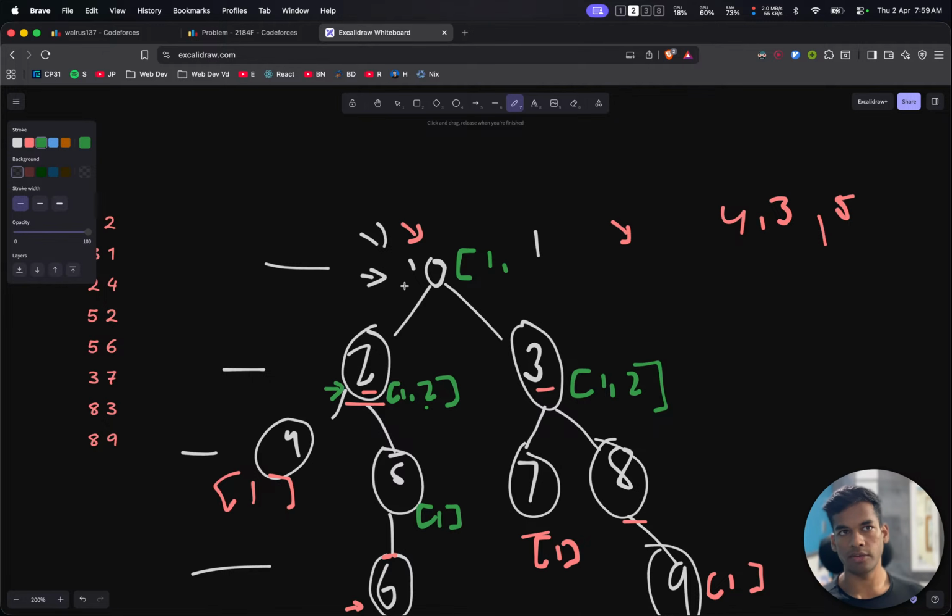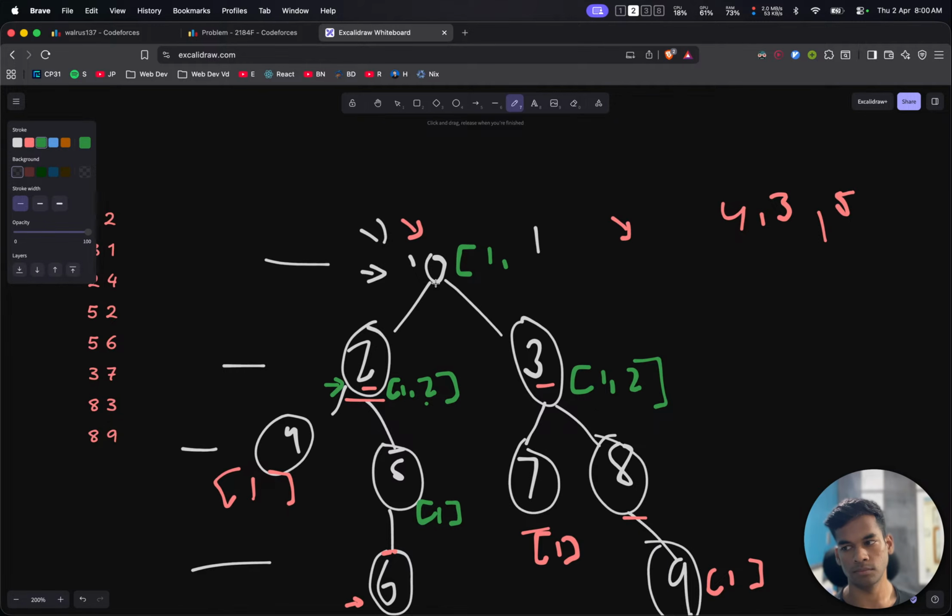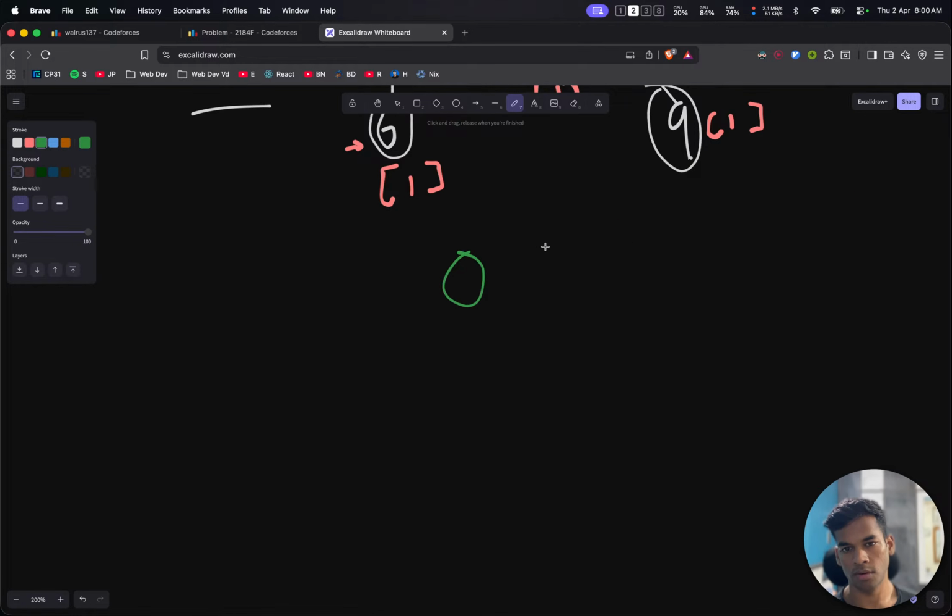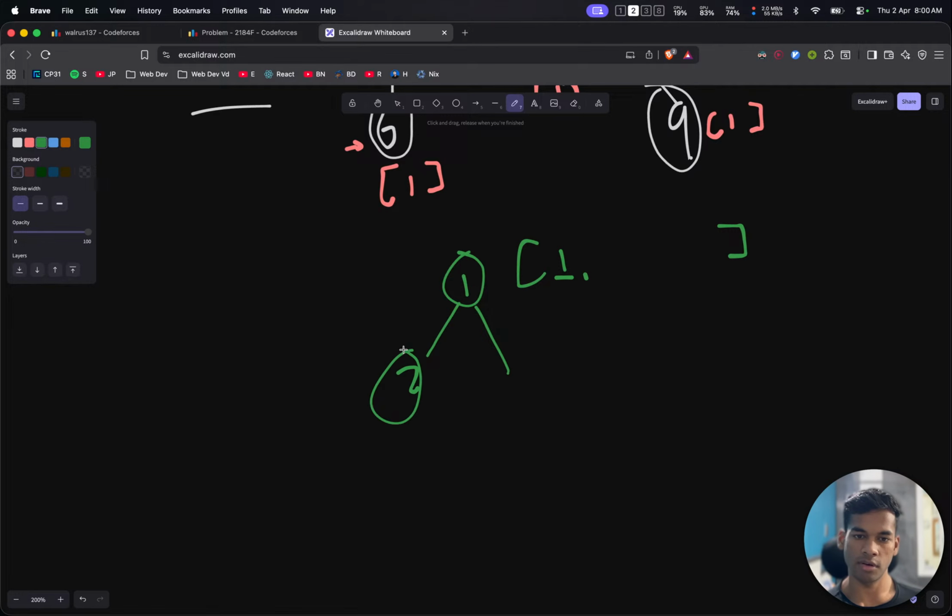We should start at the top. And we could either choose this, in which case the number of nodes chosen would be 1, the only possibility. And let's say this has 2 children, 2 and 3.